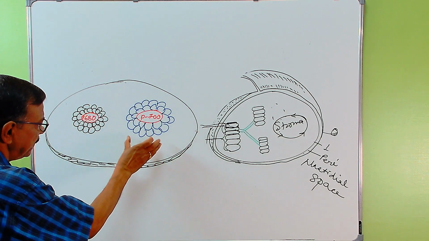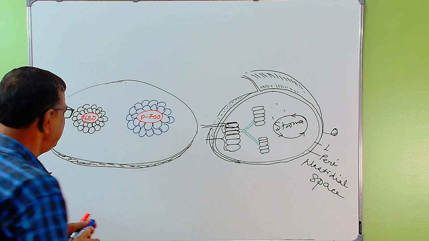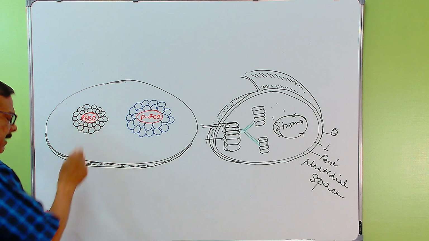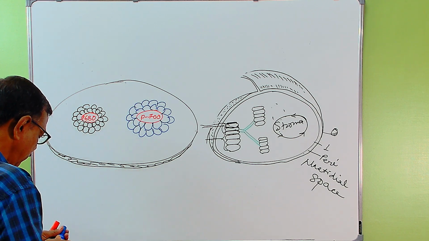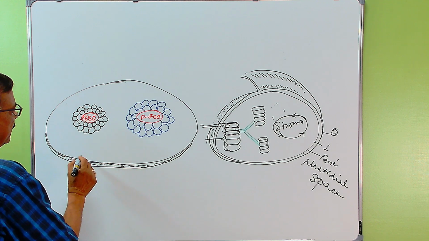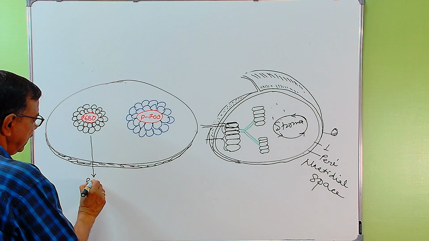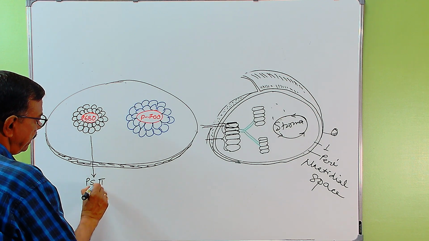Along with the other pigment molecules, there is a special pigment molecule known as P700, and here there is a special molecule called P680.